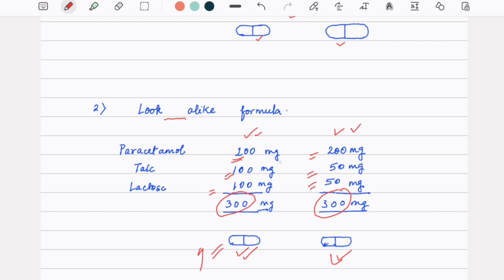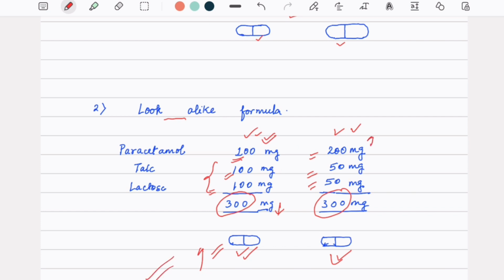Now if we look deep into this formula, you can see that in the lower strength the composition of the excipients is more as compared to the higher strength. So the validation study will be performed on the lower strength, and all the validation parameters in this case will be performed on the lower strength because it has more excipient as compared to the higher strength.